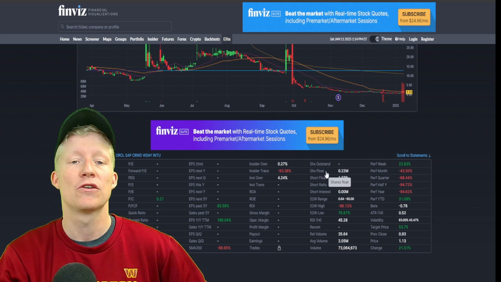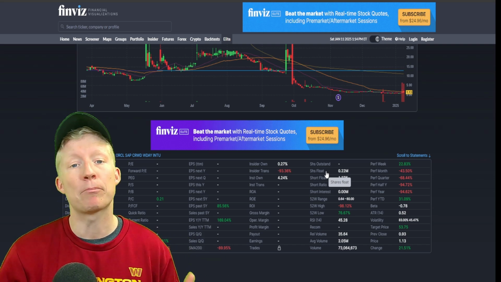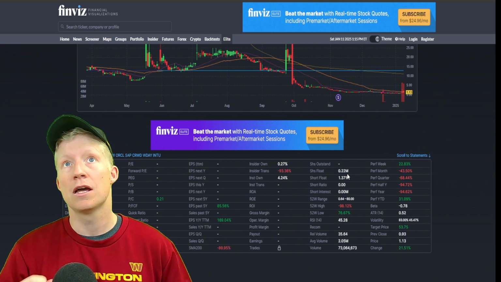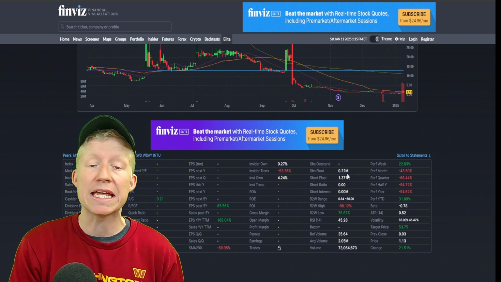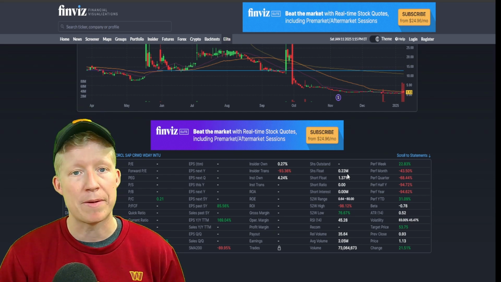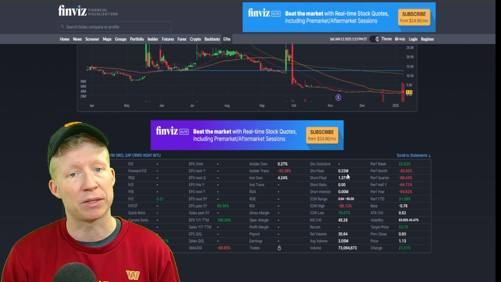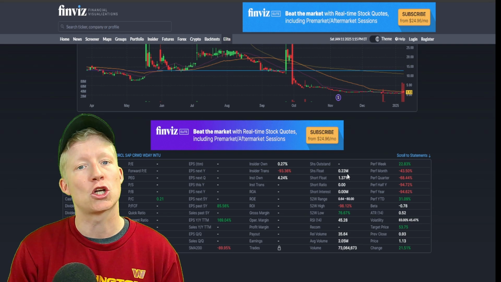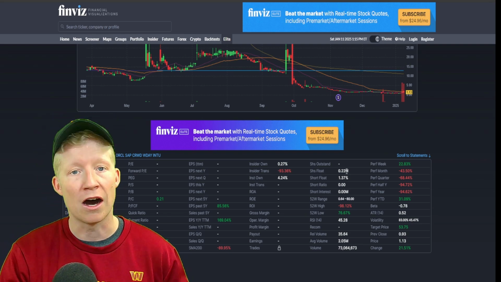What I'm going to do, I'm going to come down and I'm going to take a look at this shares float number. What float represents is the number of shares available to be traded on a ticker. And the lower this number is, the easier it's going to be for a stock to be parabolic, to be extremely volatile, because of the laws of supply and demand, right? If there is lower supply, it's going to take less demand to move the price of that item.